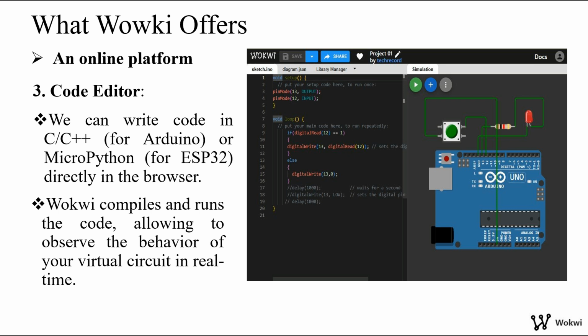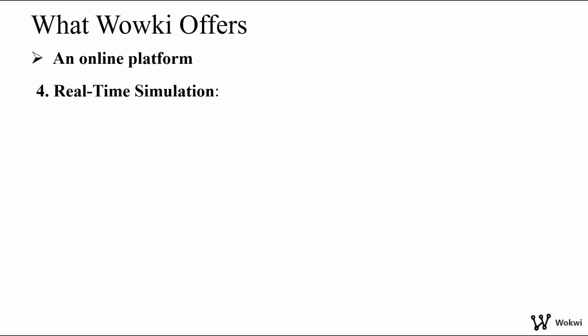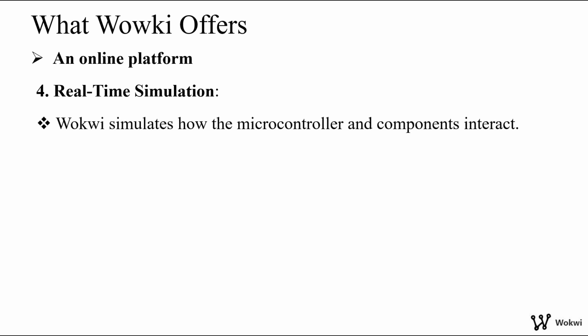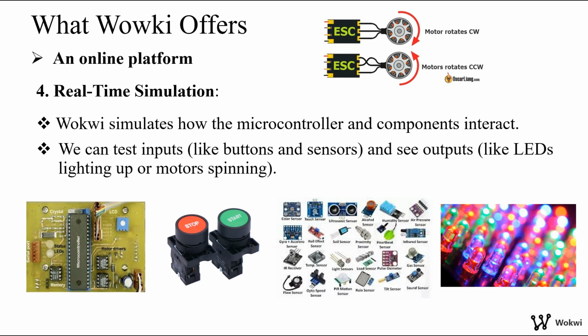The fourth benefit that Wokwi offers is real-time simulation. Wokwi simulates how the microcontroller and components interact. We can test inputs like buttons and sensors and see outputs like an LED lighting up or a motor spinning. These components are available in the component library of Wokwi.